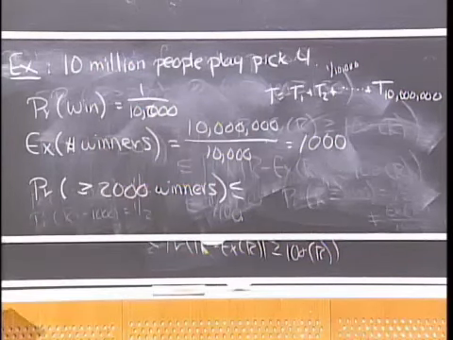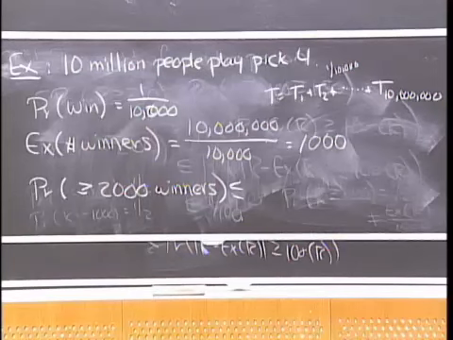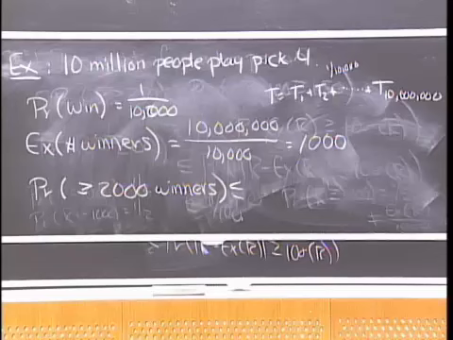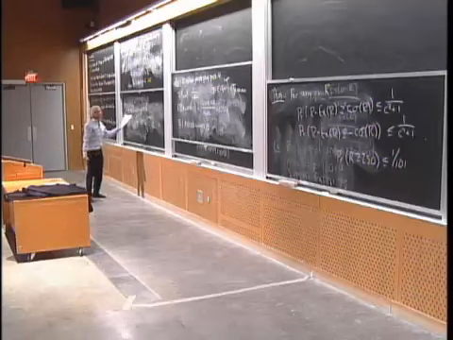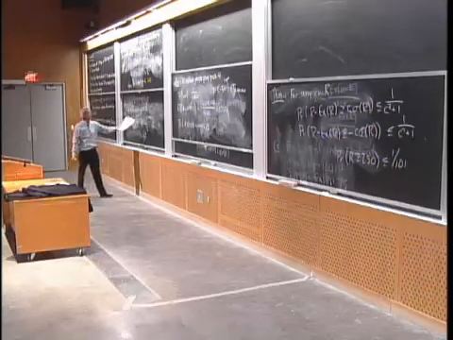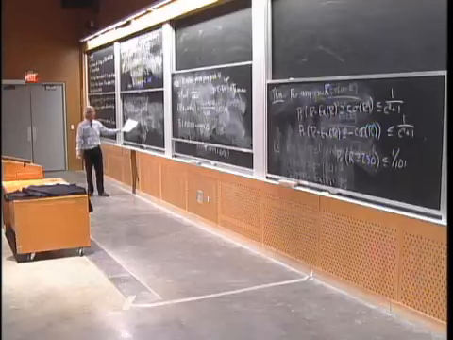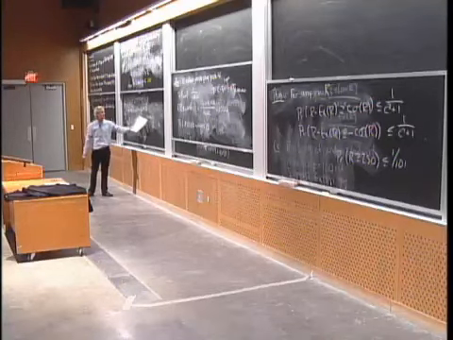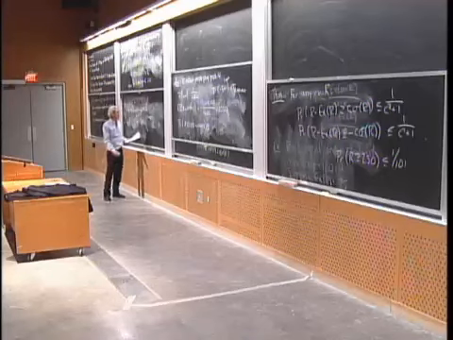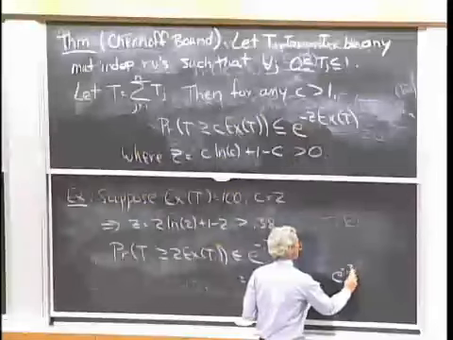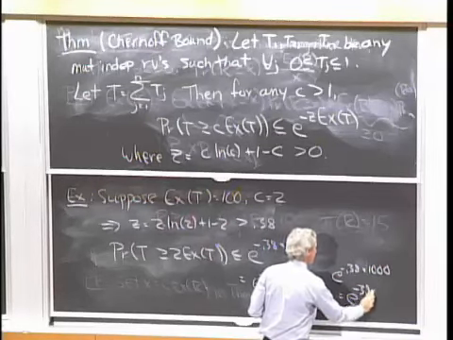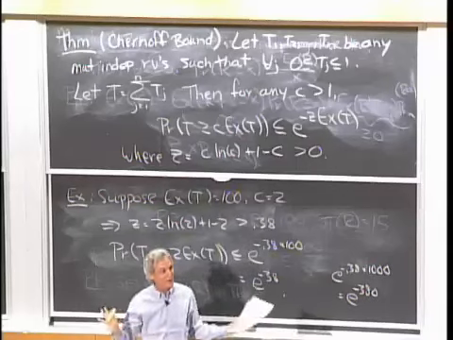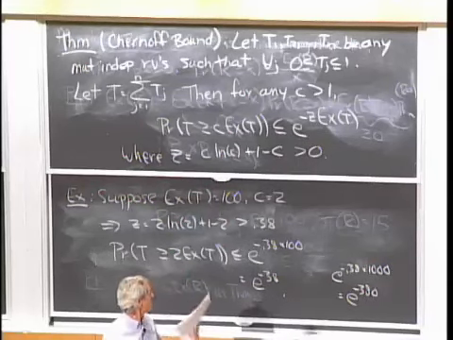Yeah, that's a good upper bound. What did you have to assume to get there? e to the minus 380 is a great bound because you're going to plug in expected value is 1,000, and we're asking for more than twice the expected value, so it's e to the minus 0.38 times 1,000. So you computed this, and that equals e to the minus 380. So that's really small. But what did you have to assume to apply Chernoff?